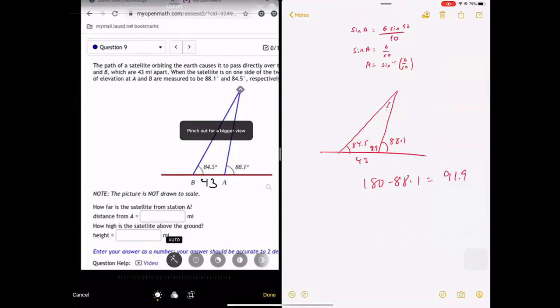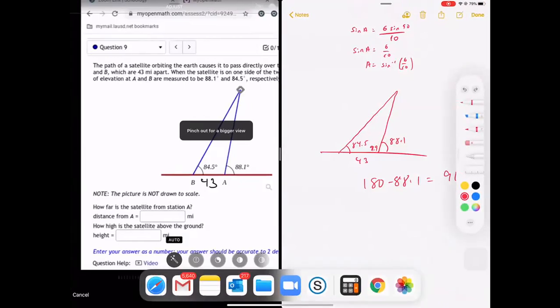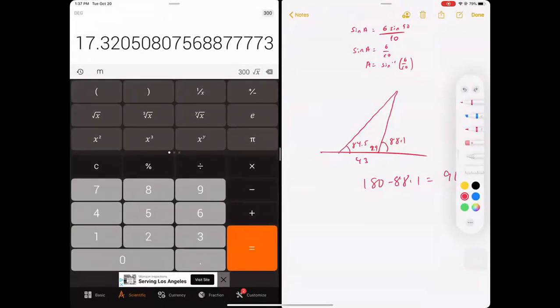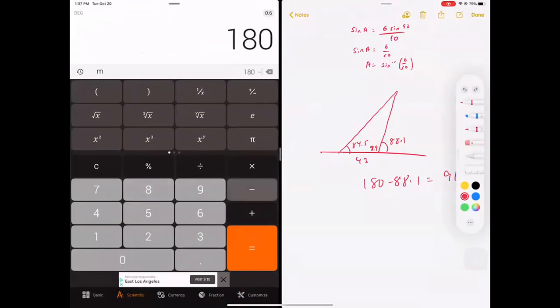How do we find that angle? 180 minus. 180, you're right. So 180 minus 84.5 minus 91.9. So we know this angle is this little tiny angle, 3.65.